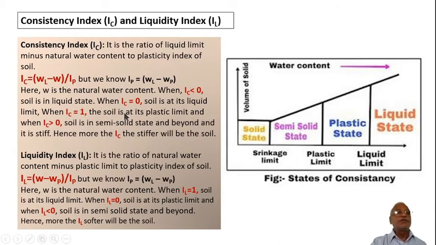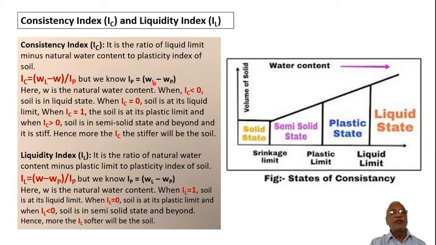Consistency index is the ratio of liquid limit minus natural water content to plasticity index. It is represented by an equation over here: IC is equal to WL minus W divided by IP. But what is IP?